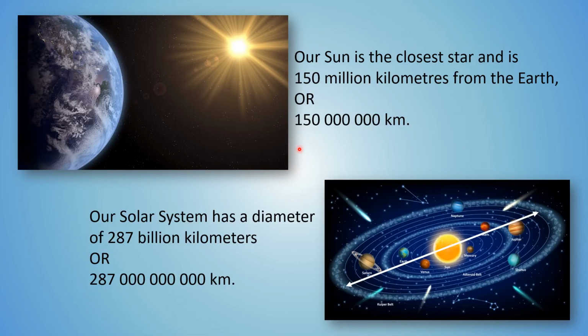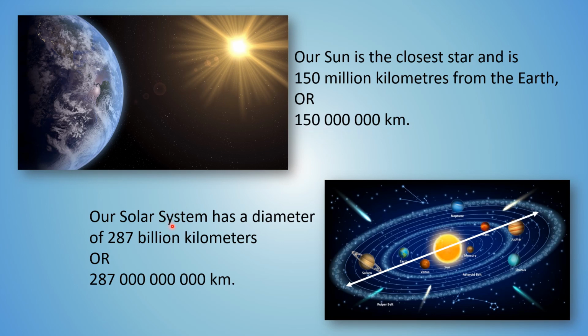Now, if we look at distances in the universe between planets and stars, we know that our sun is the closest star to the Earth, and it's about 150 million kilometers away from the Earth. If you write it out, 150 million kilometers as a number, it's 150 with 6 zeros, so it's a very large number.